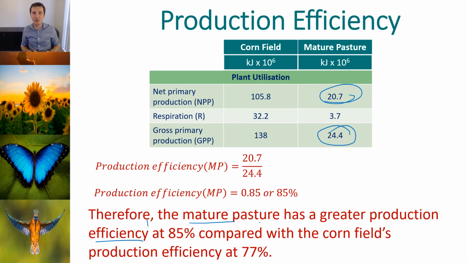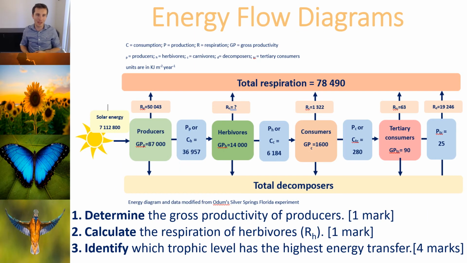That should enable you to now calculate production efficiency of consumers, which is obviously the net production divided by the assimilated, so that's the growth or the new biomass, the net, and respiration, excluding feces. And if you're looking at production efficiency in plants, well, it's the net divided by the gross, how much was actually taken in there for that plant.